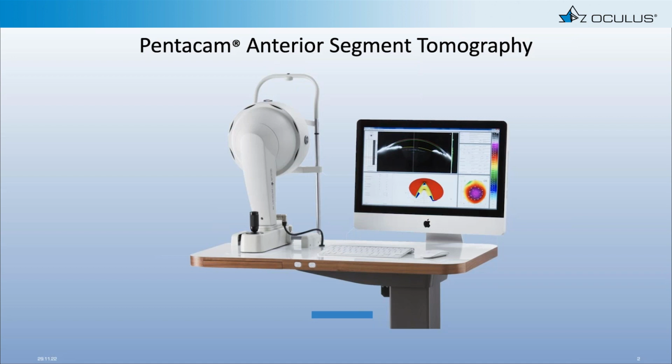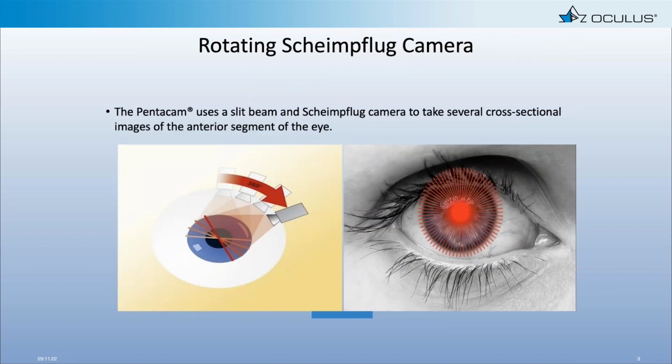It's going to take actual cross-sectional images of the anterior segment of the eye. It's going to rotate a few degrees, take another picture, rotate, and all that happens within the matter of just a couple of seconds. It will rotate quickly, taking many, many snapshots of that anterior chamber, cornea, iris, lens, etc. And then it's going to construct a 3D model of the eye.